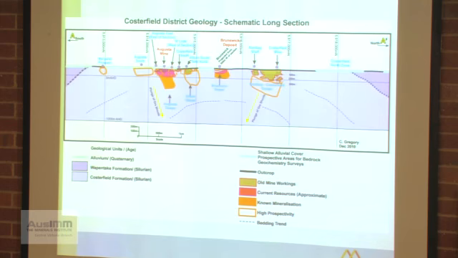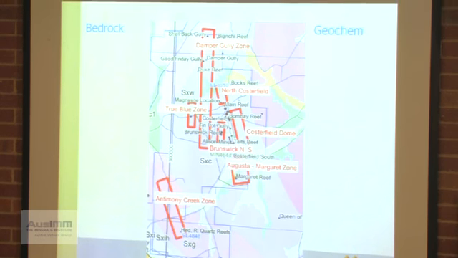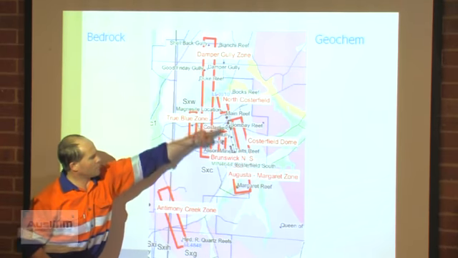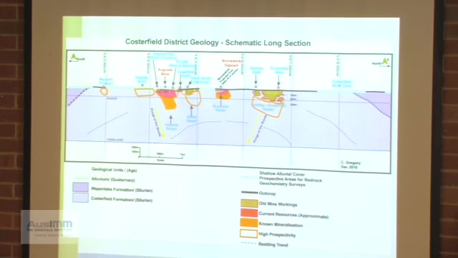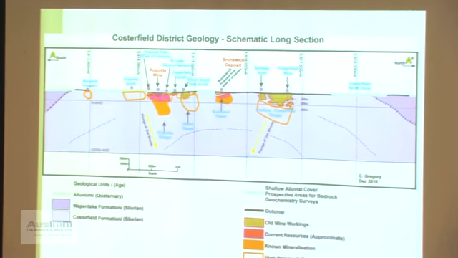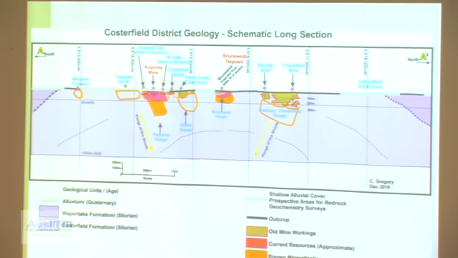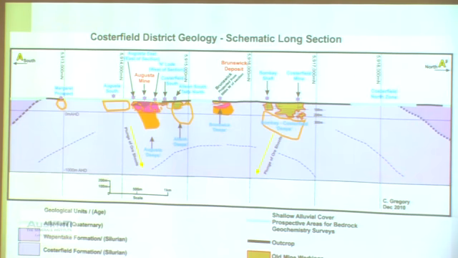So just looking at a schematic long section. That long section is roughly running right through the guts of the field, north-south through that area. And the real philosophy behind the near mine exploration, after we're auger drilling and gaining all the information we possibly can, includes a lot of historic information on workings in the area as well.